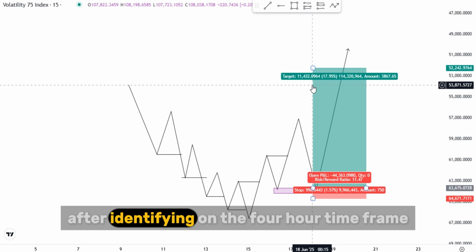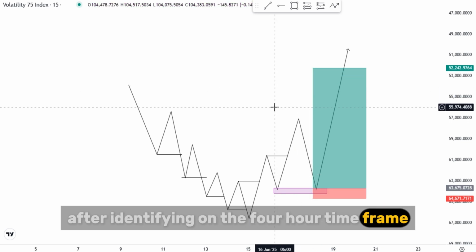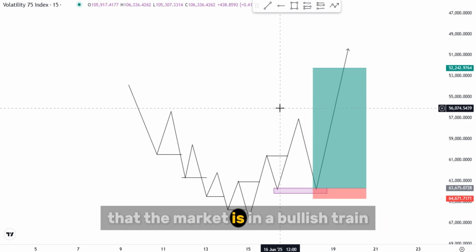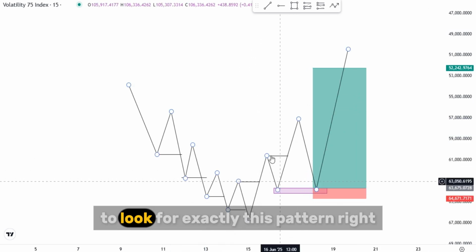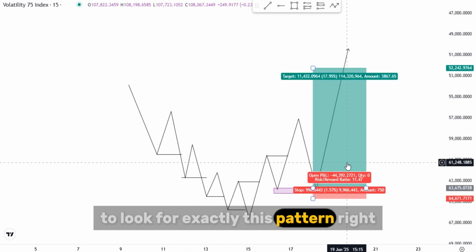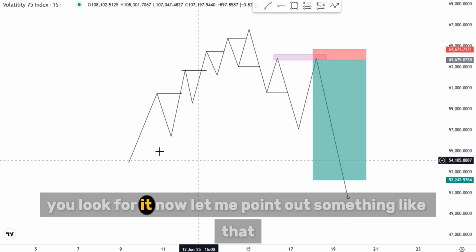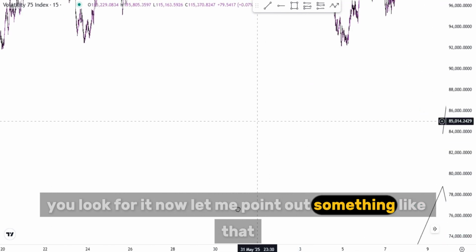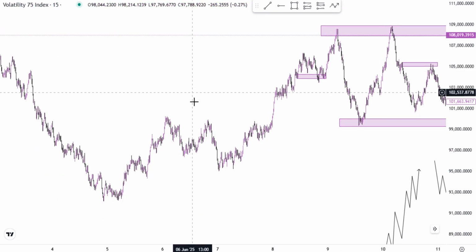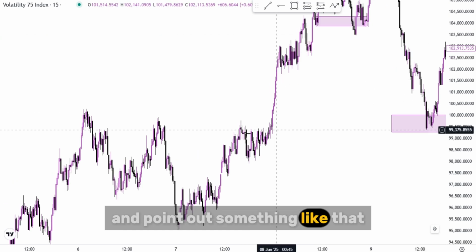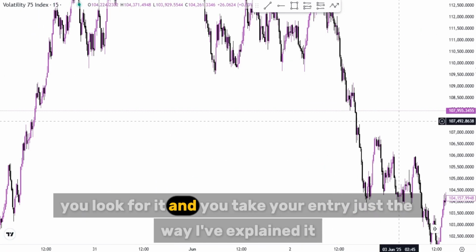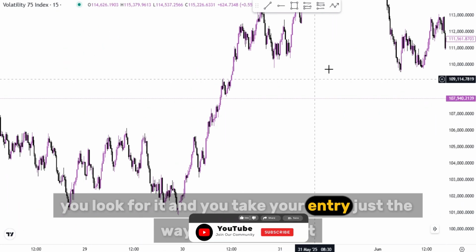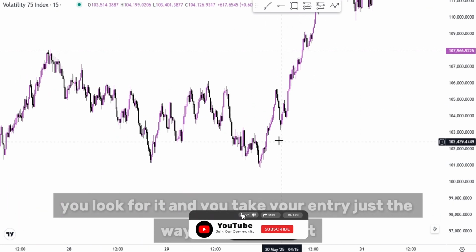After identifying on the 4-hour time frame that the market is in a bullish trend, then you switch to the 15 minutes time frame to look for exactly this pattern. You look for it and you take your entry just the way I've explained it.